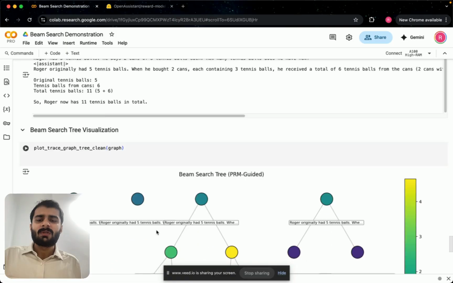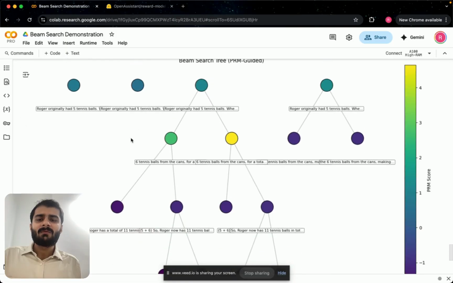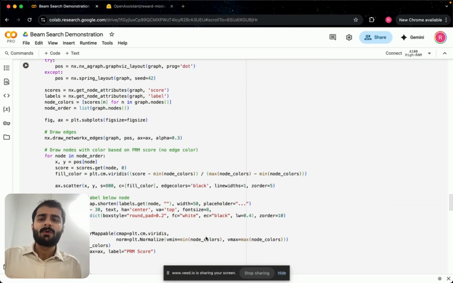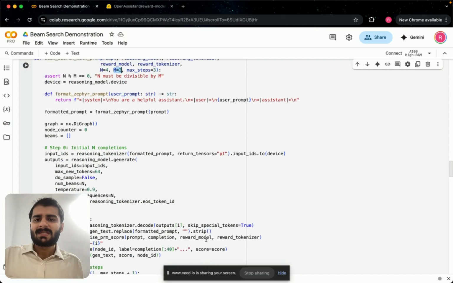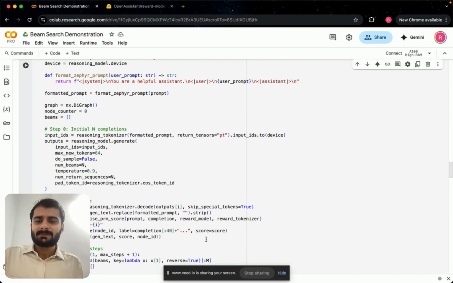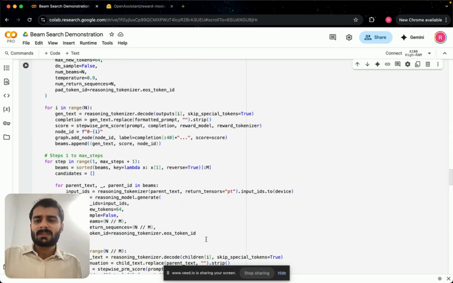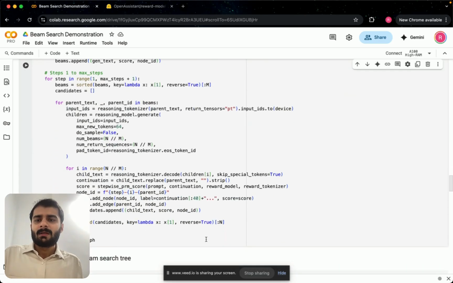And this is what is shown here. Because it's three, we have only one, two, and three. We don't go below that. You can play around with these parameters and see how the graph changes as well. Okay, so this is how the graph is plotted.